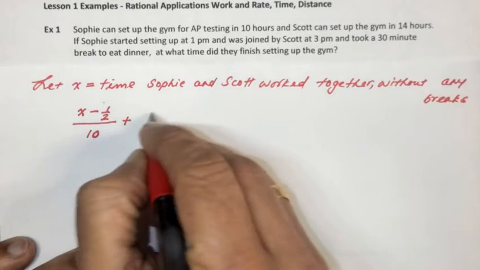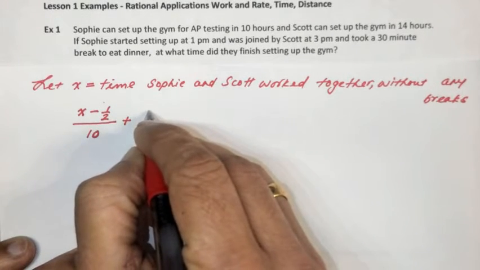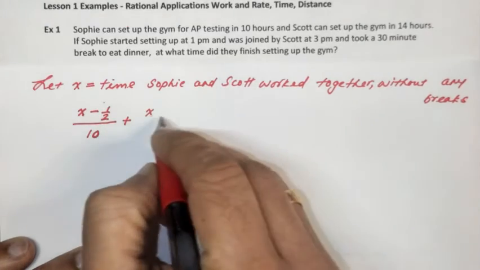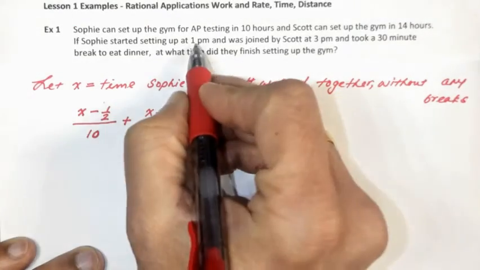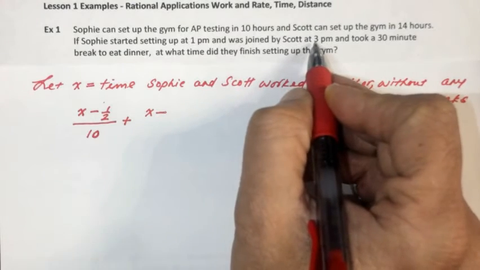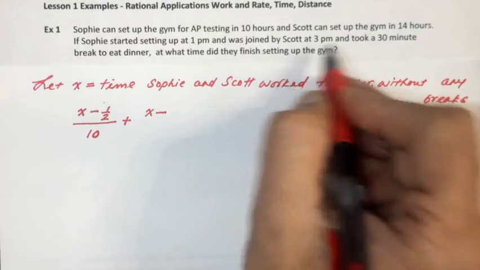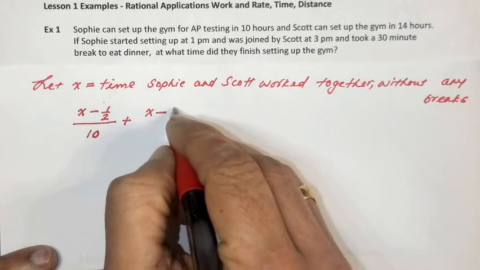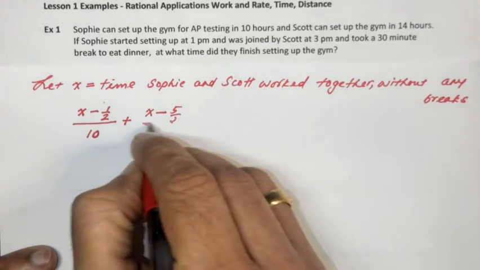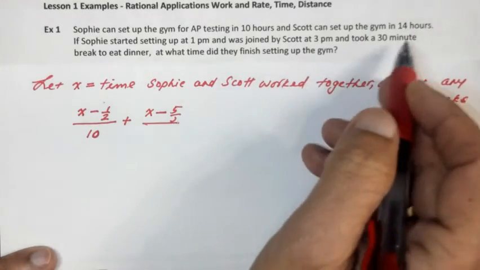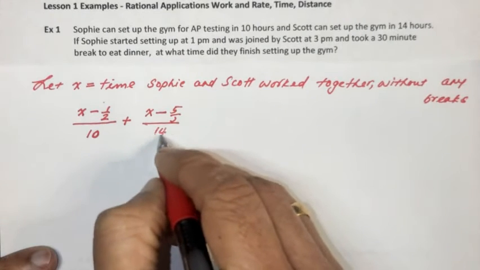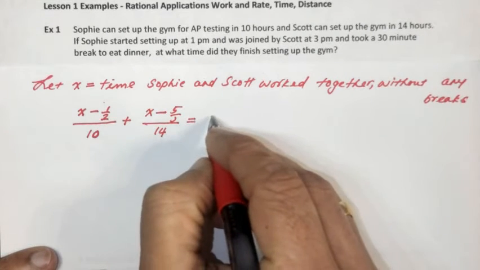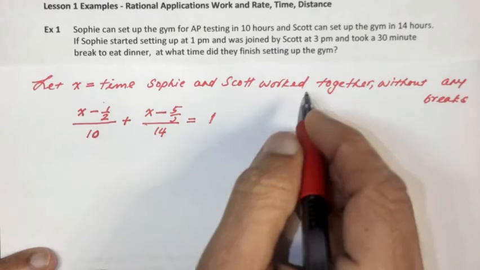So for Scott, we set up x minus 5 over 2, and if he worked continuously he would take 14 hours, so divided by 14. That is equal to 1, as we always do.